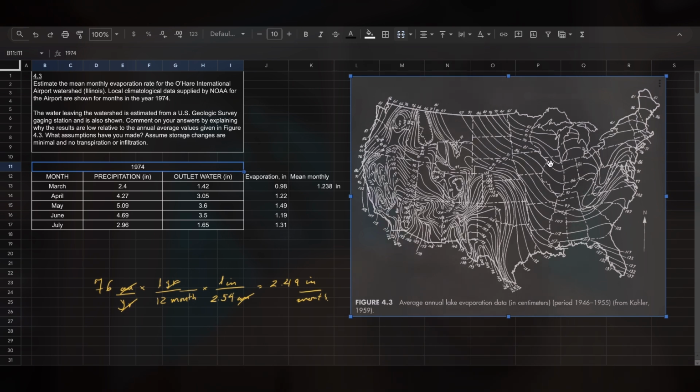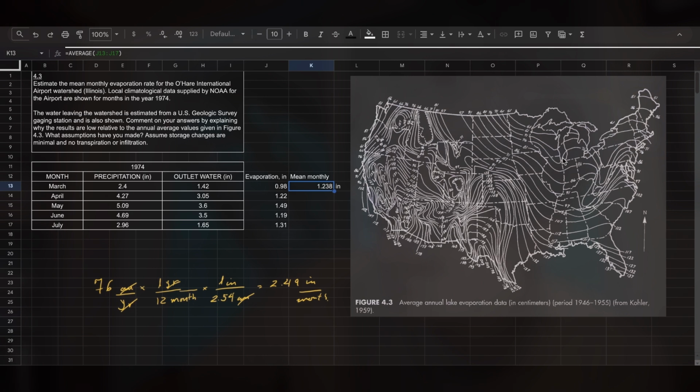Or another reason could be that in our case we are making storage changes minimal and no transpiration or infiltration. Who knows, maybe that plays something in this situation, and that's why our value is less than what this figure shows.